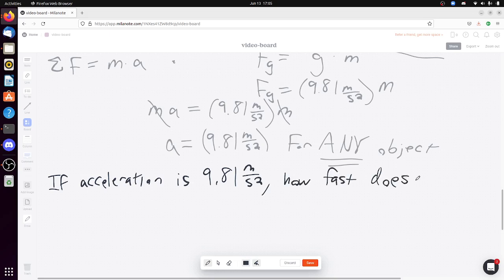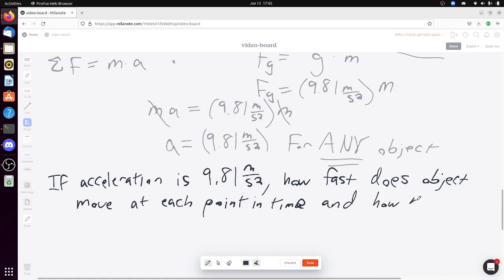So like how fast does the object move at each point in time, and how much distance has it covered? And it's not going to be constant either. That's the key insight. So that's part of what makes the problem hard.